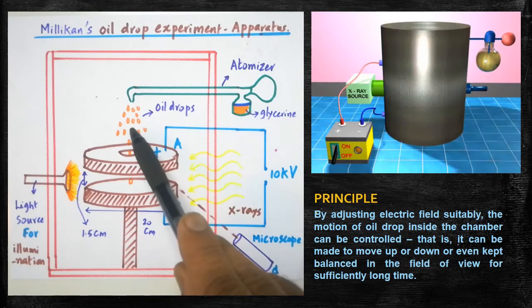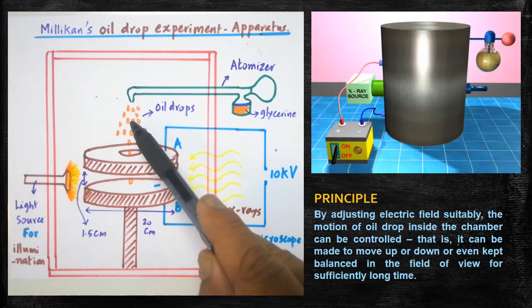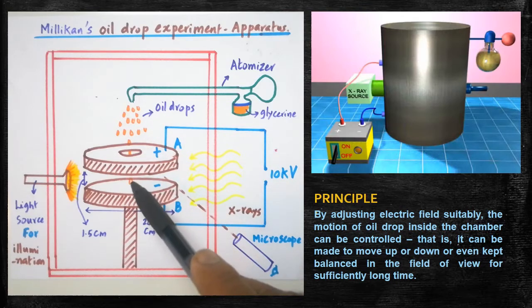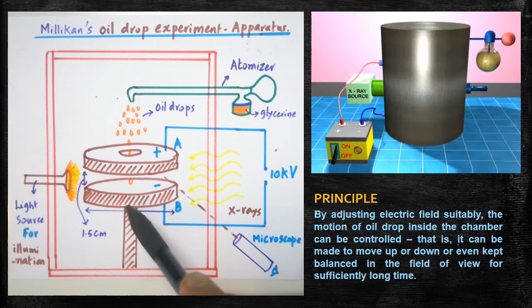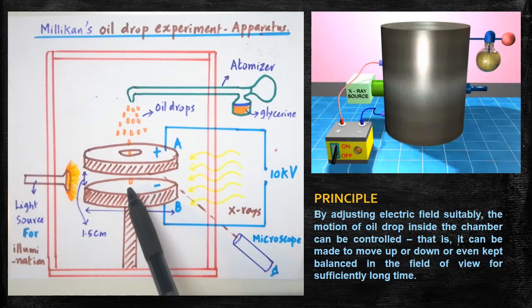The sprayed glycerin oil drops will fall downwards. It's clear, they will be descending and passing through the hole. When the oil drop reaches the gap between the two plates, it will be traveling through this and you can view the movement of the oil drop.